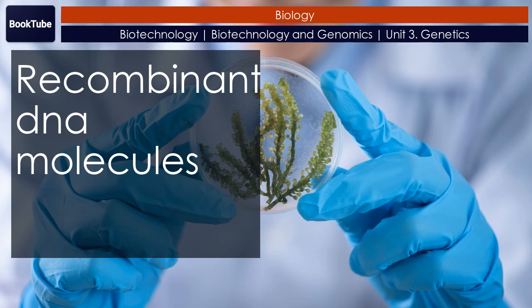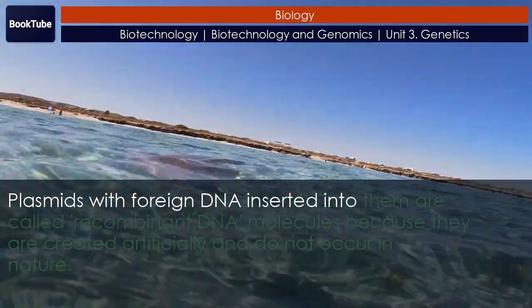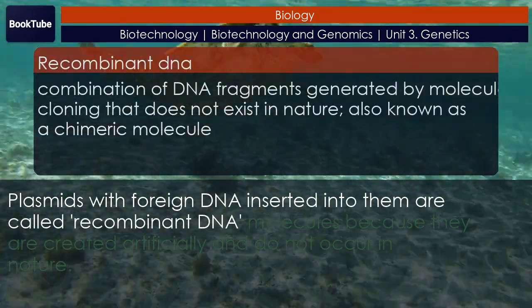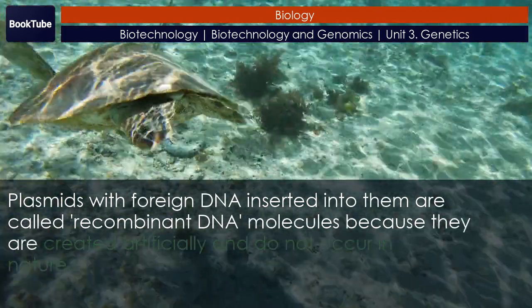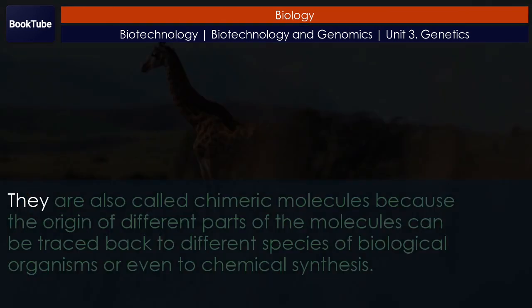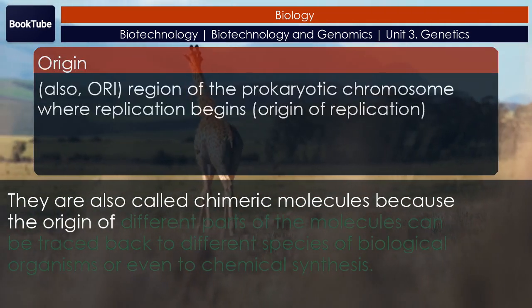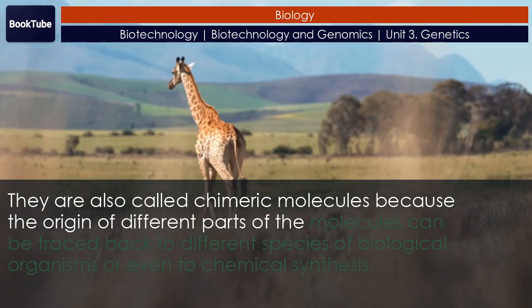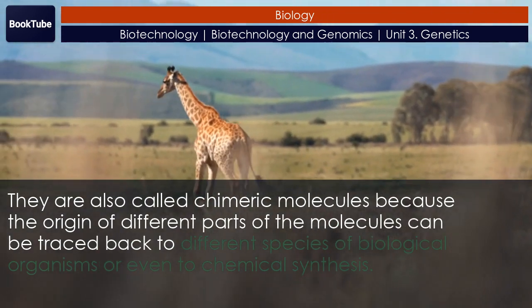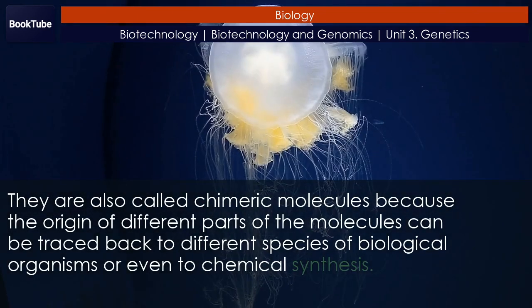Recombinant DNA molecules. Plasmids with foreign DNA inserted into them are called recombinant DNA molecules because they are created artificially and do not occur in nature. They are also called chimeric molecules because the origin of different parts of the molecules can be traced back to different species of biological organisms or even to chemical synthesis.